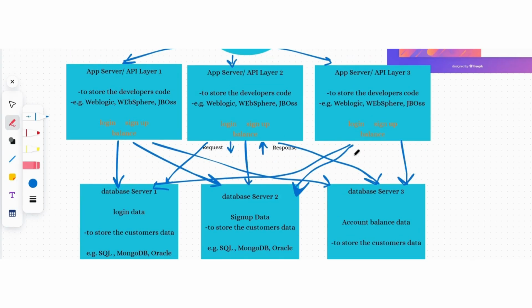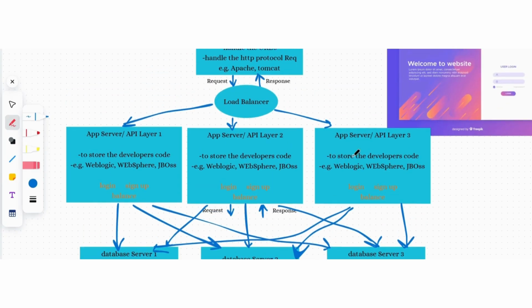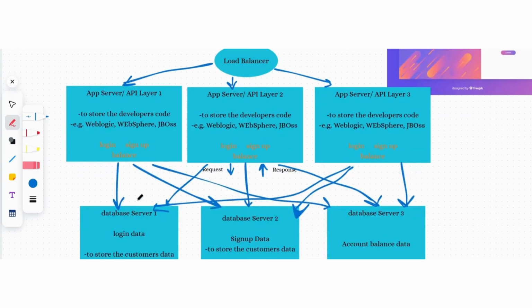And as the requests are coming to each and every database from the app servers, the responses will go from each to everyone. Like database server 1 to the app server, from here also, from here also.